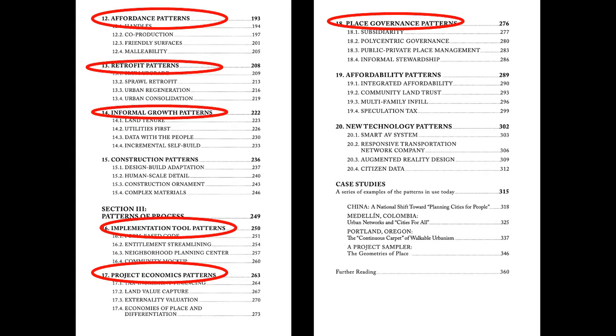And subsidiarity, the idea that if a democracy is going to function properly, then you need to have a good allocation of responsibilities down to the neighborhood scale and even the block scale and the home scale, and allow people to deal with the problems that they have more or less autonomously to the extent that they are able to, and that it's appropriate citywide.